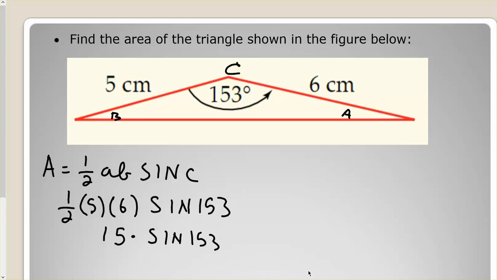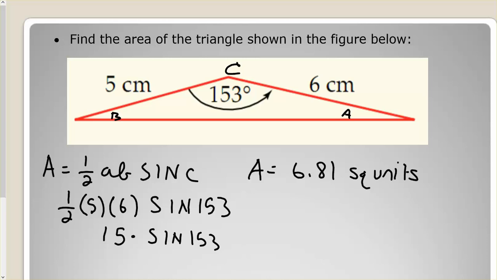So let's punch that in our calculator. We do the sine of 153, and we multiply it by 15, and you get 6.81. So our area is 6.81 square units. I don't know what we're in, but if we were in feet, it'd be square feet.